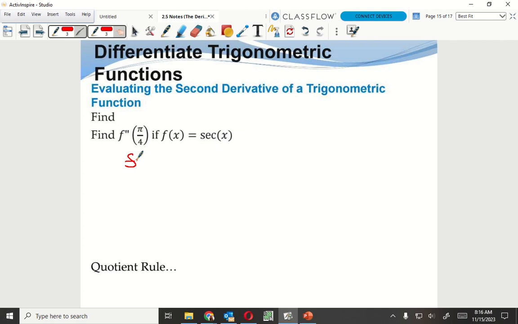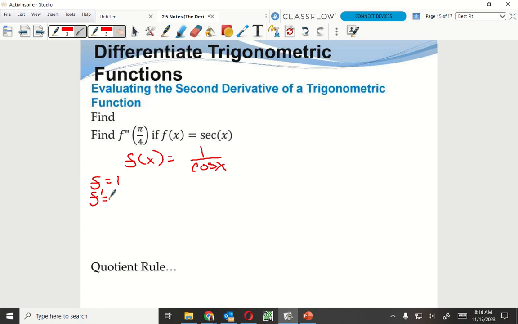So if f of x is secant, which is 1 over cosine x, let's actually do the quotient rule on this one, see if this helps. So if it's that, I know that my f is going to be 1.